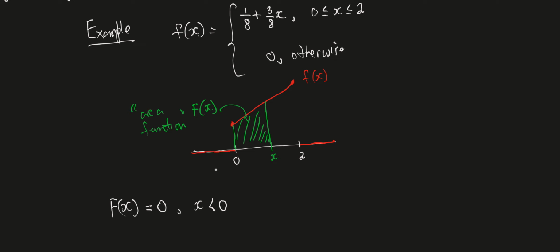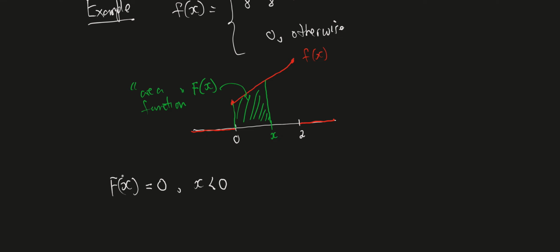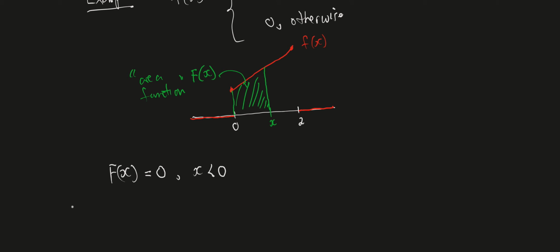Now let's say what happens when x is strictly between 0 and 2. Then my CDF, that's where I have to use my area. So I'm not going to write down the negative infinity to 0. We know that that's equal to 0 based on this inequality.